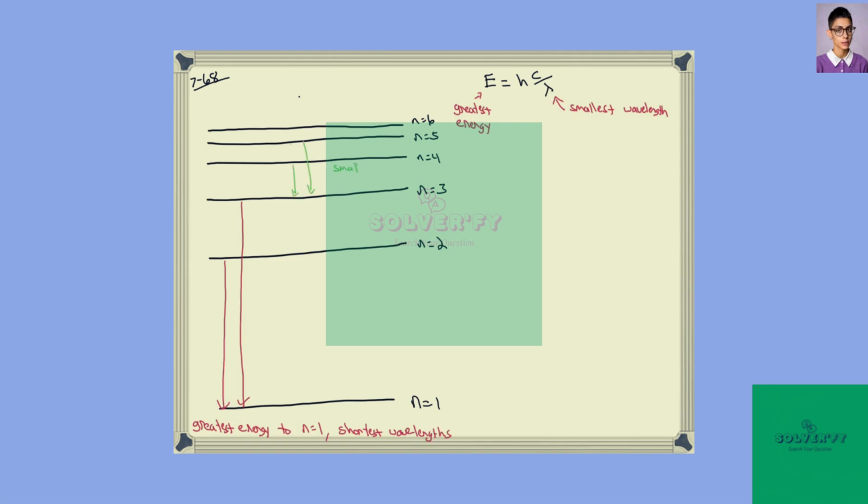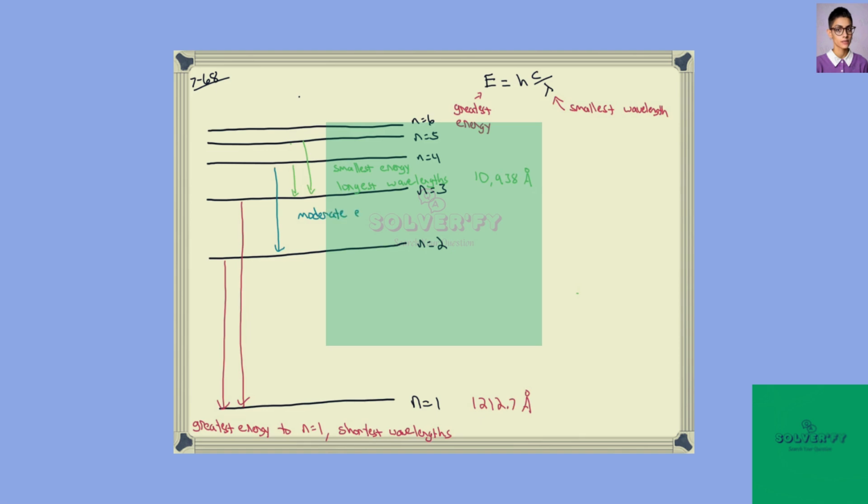If we were to transition to n equals 3, this would correspond to the smallest energy change, which would correspond to the longest wavelength. So of the list, the 1212.7 angstrom is the smallest wavelength corresponding to the transition to n equals 1, and 10,938 angstrom corresponds to the longest wavelength, the smallest amount of energy, going to a final state of n equals 3.